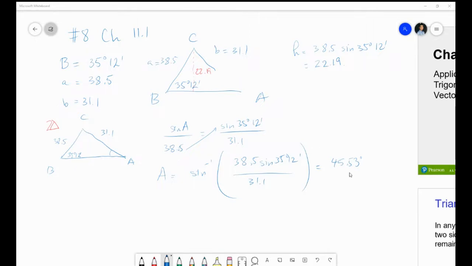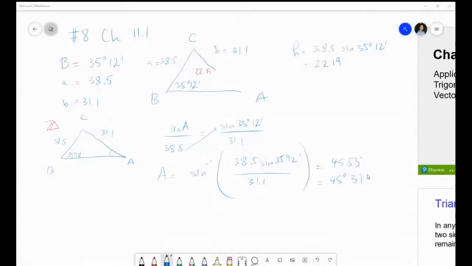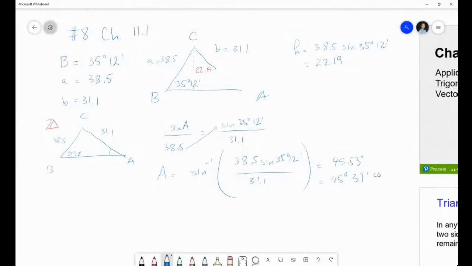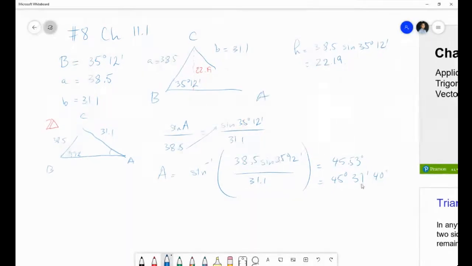All right, so what we got here is 45 degrees, 31 minutes, and about 40 seconds. So if we were to round it, we would probably round this to 45 degrees 32 minutes.